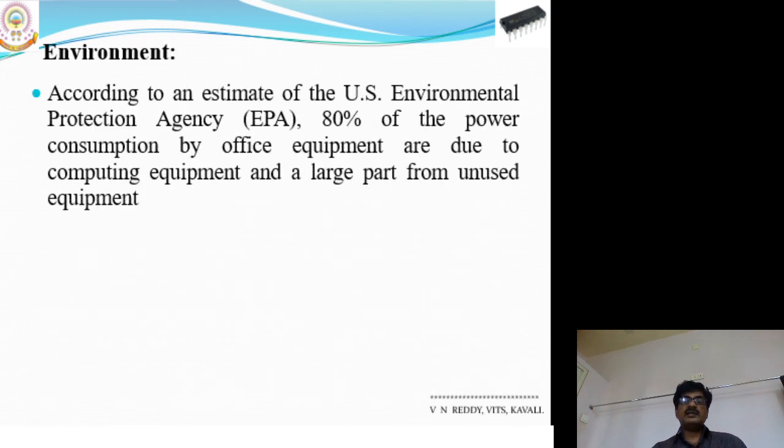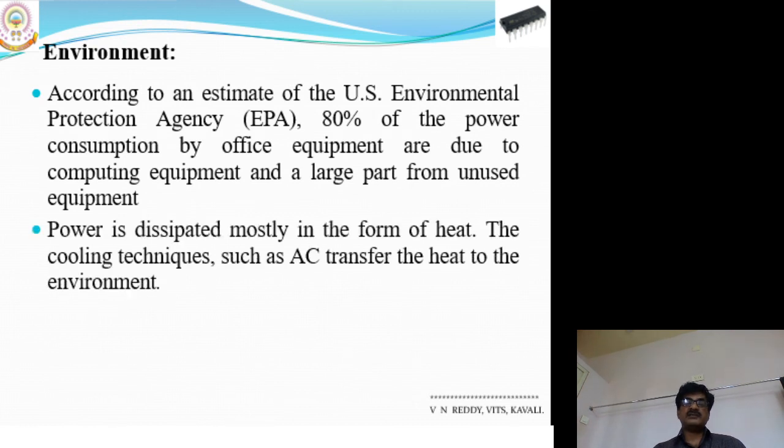Another thing is the environmental effect. It also affects the environment. When the power consumption appears in the form of heat, we arrange a cooling system. What is the functionality of the cooling system? It transfers the heat from the system to the environment. So the environment can get heated.